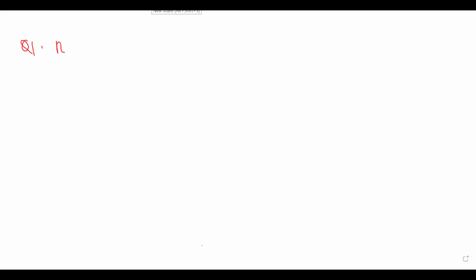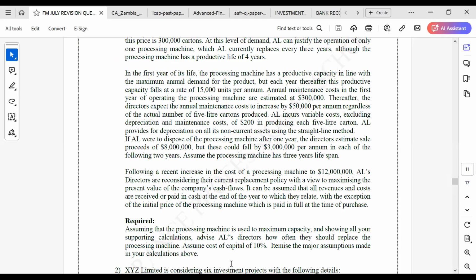Let me come to replacing every year. Okay. Let's say following a recent increase in the cost of the processing machine to 12 million, does this mean that this is the amount that they purchased the machine for?